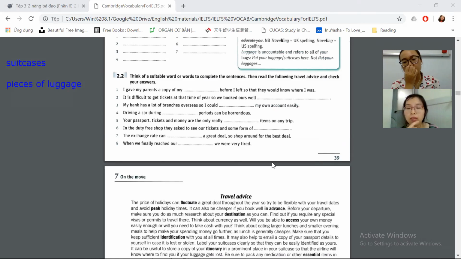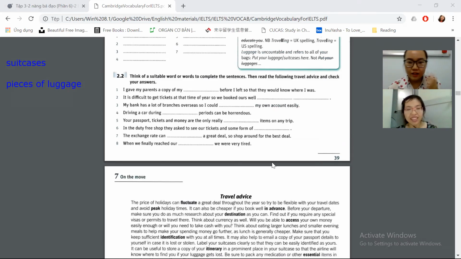Transaction. Actually, this is not that complicated. Có thể tiếp cận, có thể đụng vô cái account của mình xài chữ gì? Approach? No, a little bit. Access. Yes, access.